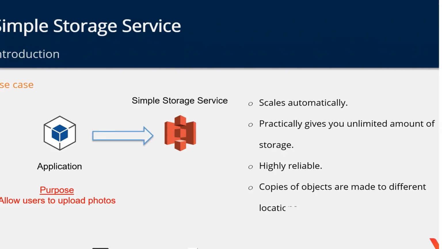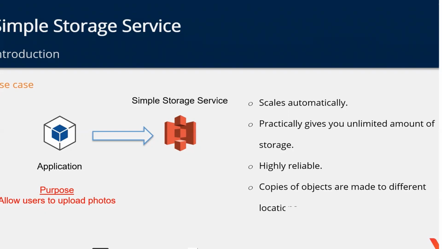But your bank transactions are dynamic, because every time you do a transaction, it triggers many activities, like your money transactions. So the simple storage service is a wonderful use case for storing static information, which doesn't change rapidly.